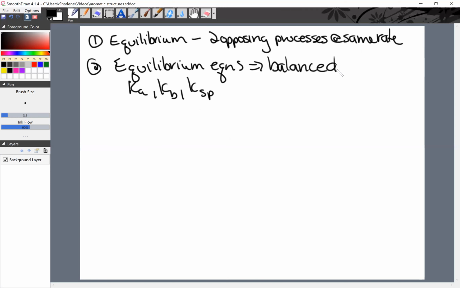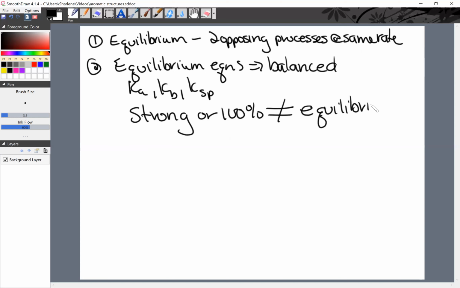And the key is strong ones are not in equilibrium, they are 100%. So that example I did of sodium chloride, well, the same would be for any of the 6 strong acids. All right, so if it's strong or 100% to the product side, 100% soluble, you wouldn't write an equilibrium equation.